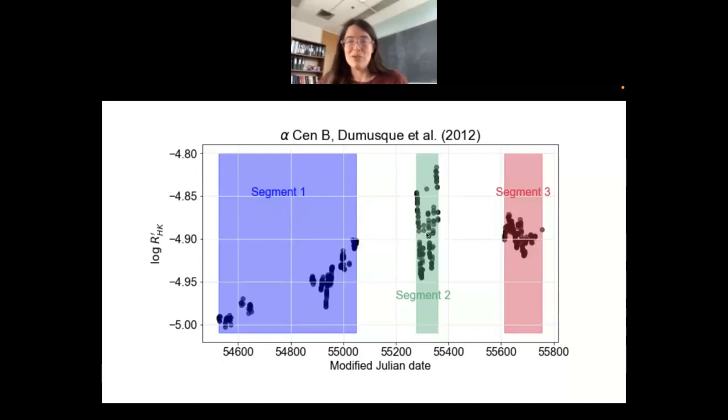You can make your segments overlapping, and I highly recommend doing that wherever possible because it gets you more data points per segment, which means your power spectrum estimates are better and more robust. However, it's not always possible to overlap because we've got giant gaps from the seasons in our astronomical time series.